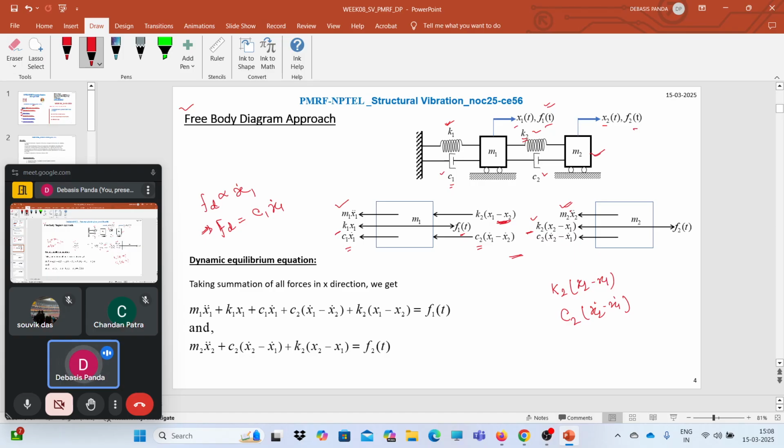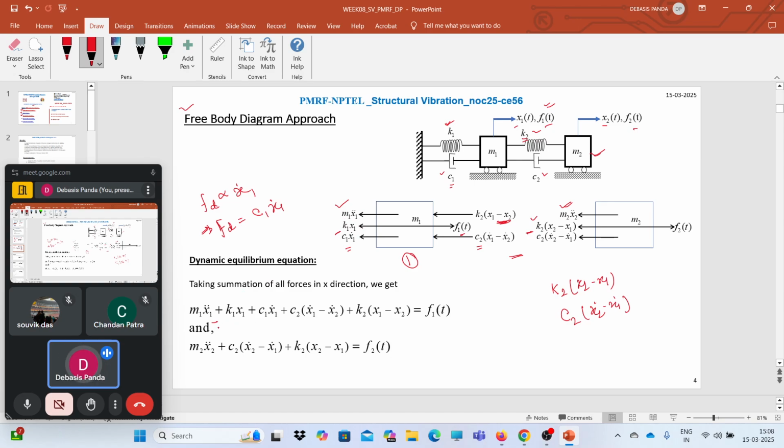Now we can arrange the equation. So for the first degree of freedom, if we want to take the summation of all forces acting on this body, we have m1 x1 double dot. You must take care of the directions of the forces.